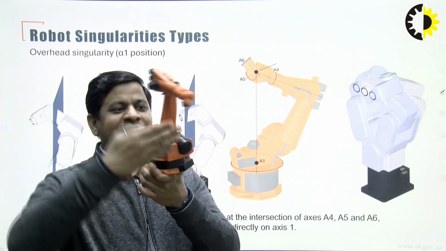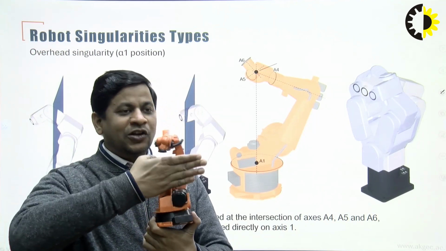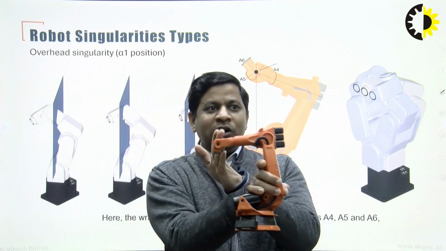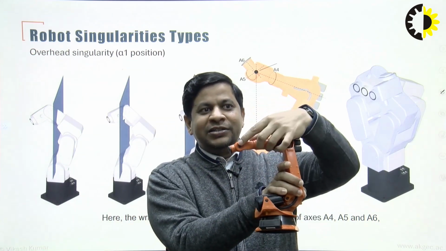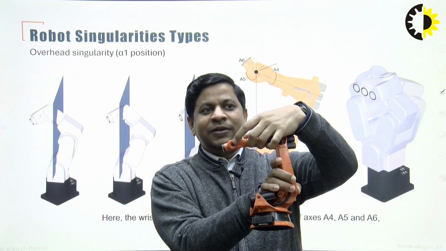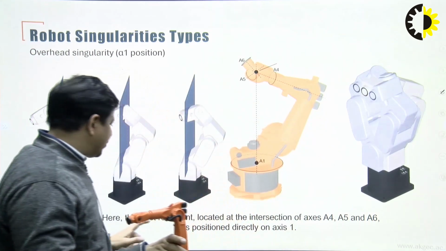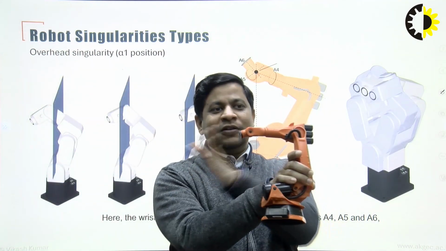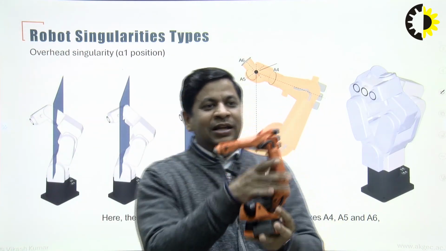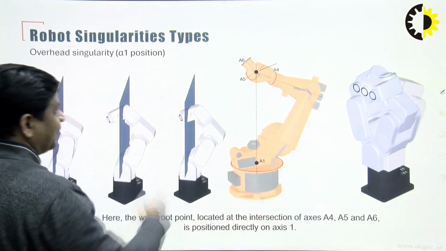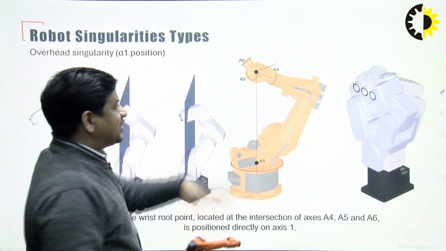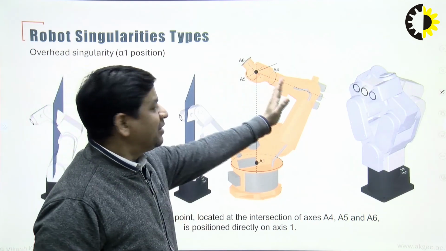So if we insert one plane here at the center of this motor axis, you will find the robot's wrist root point, this black dot that you see here. If this wrist root point falls in front of this plane, that is basically the overhead area, and this is basically the green area and this is the red area.